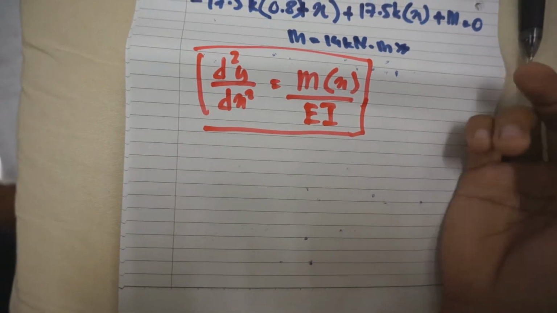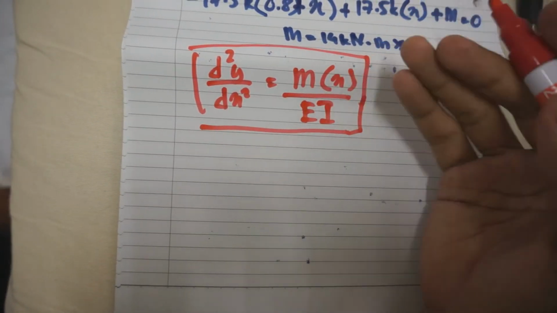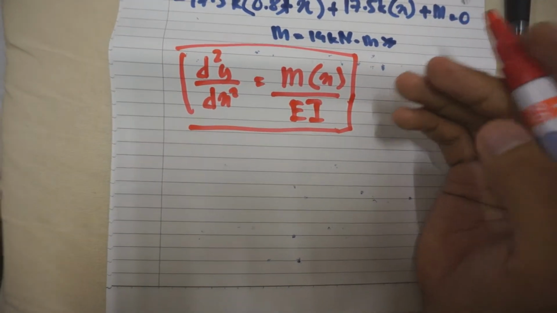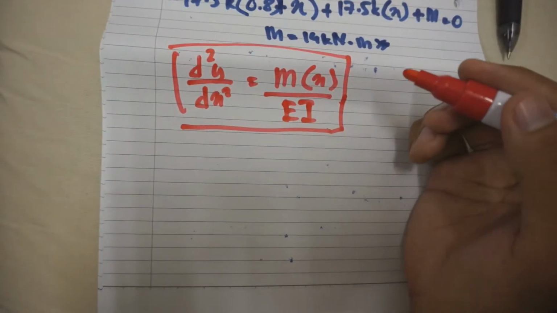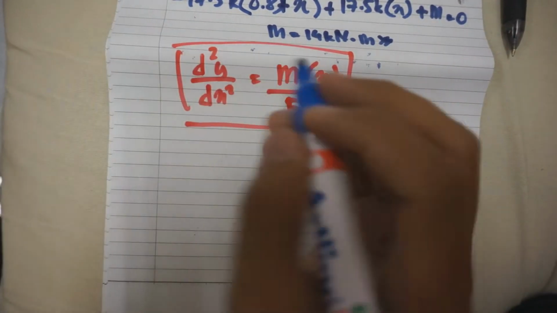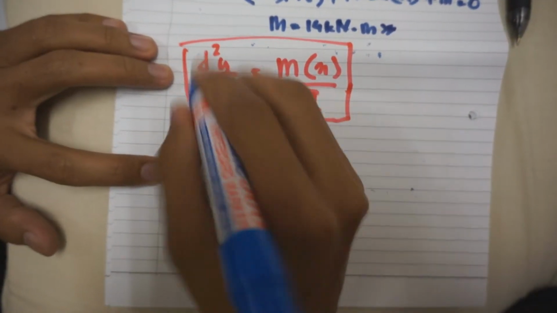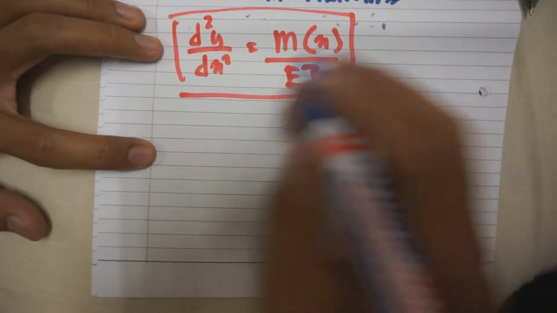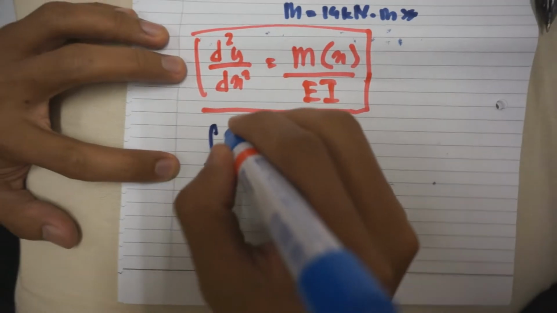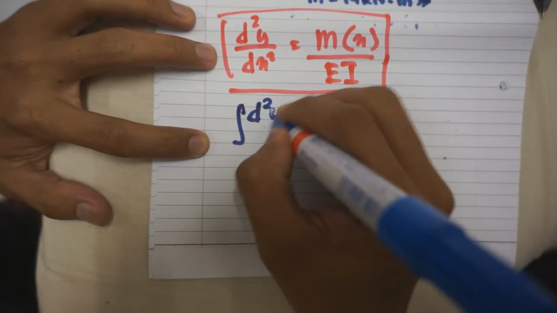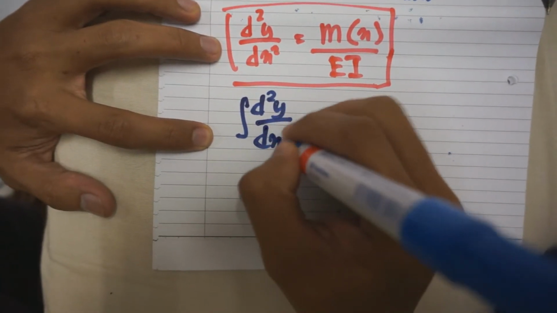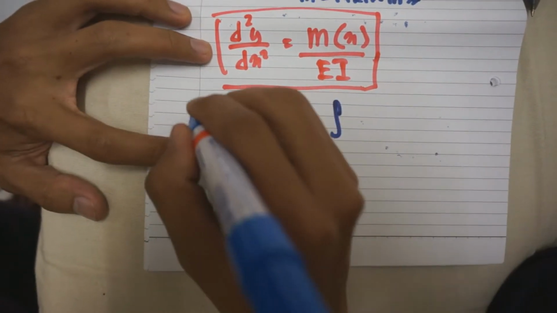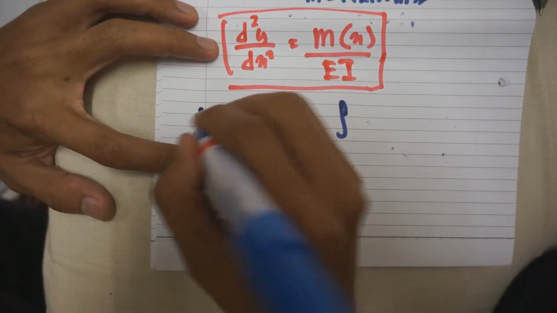So what we have to do with the formula is integrate it. We integrate the dy/dx and also the right-hand side. We bring in the EI here.